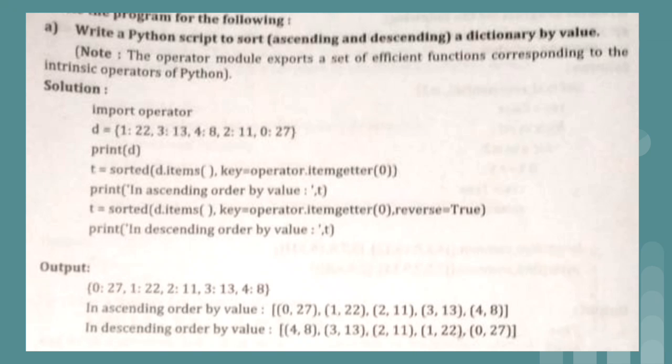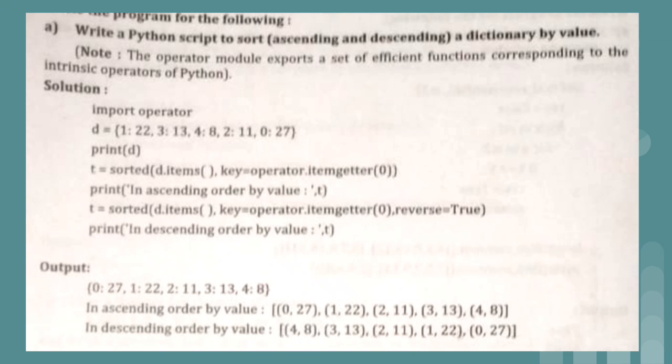When we learned this topic, we saw the sort method. With the help of the sort method we can sort the dictionary, and there is one more method to perform the same task, that is sorted. In this case we have used the sorted function to sort the dictionary which we have initialized.